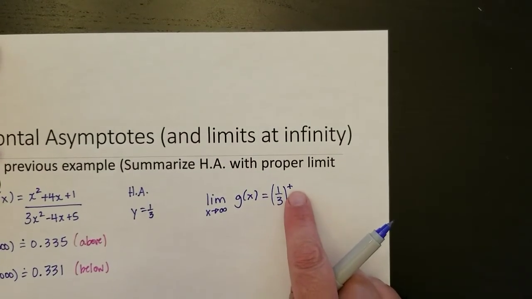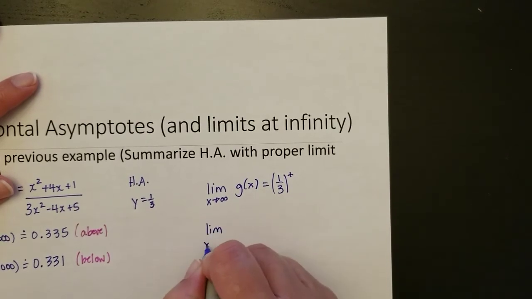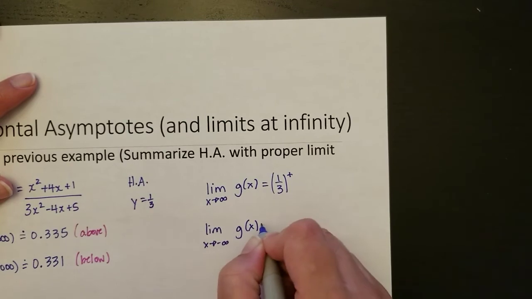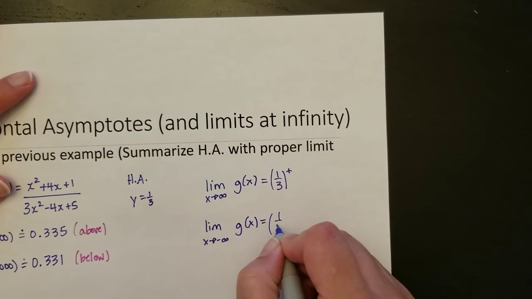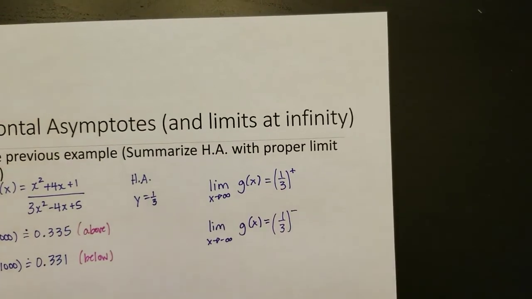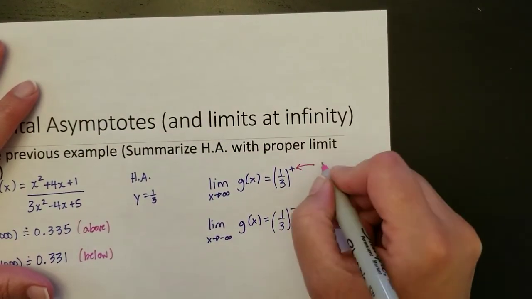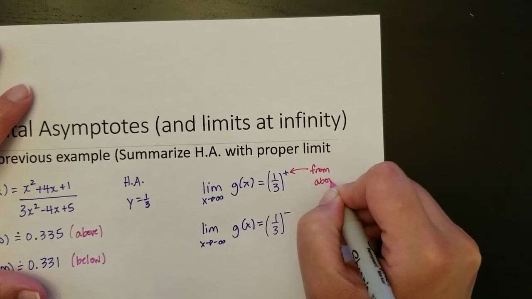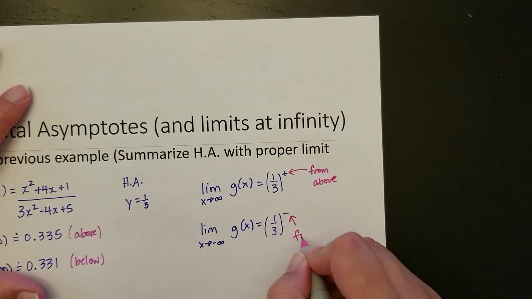So we're just going to use that plus to mean from above. And the limit as x approaches negative infinity of g at x, it also equals 1/3, but from below. So we add that plus for approaching from above and the minus for from below.